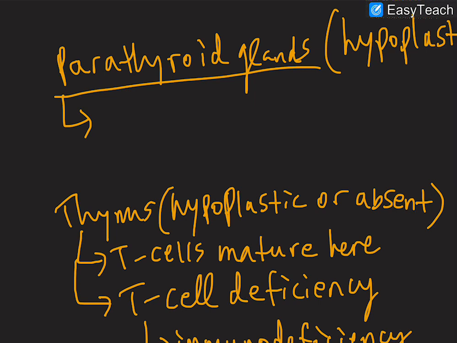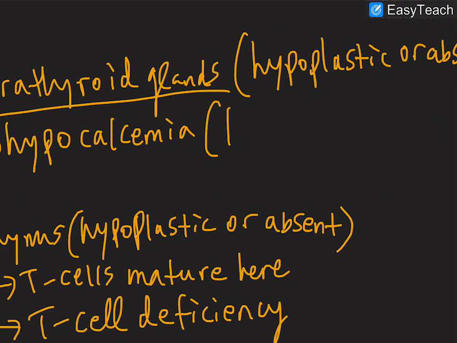Parathyroid hormone. What does parathyroid hormone do? It's responsible for increasing your blood calcium levels. If you can't secrete parathyroid hormone because you don't have functional or present parathyroid glands, then you're not going to be able to maintain your blood calcium levels. This will lead to hypocalcemia. So you can see things like tetany and seizures with this.